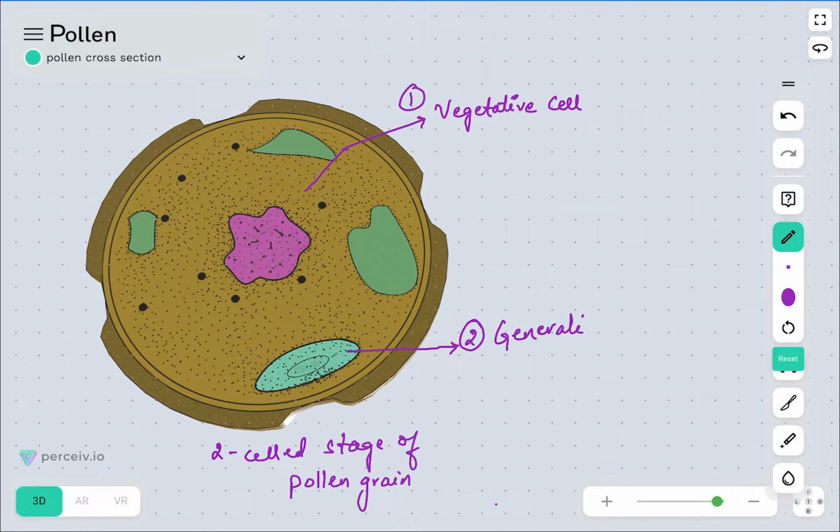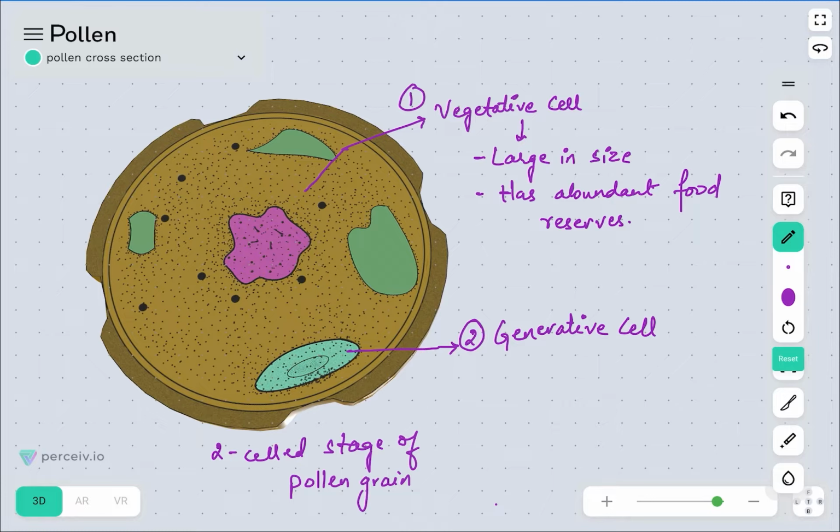This vegetative cell, as you can see from the model, is usually large in size and generally spherical in shape. Since it is large, it has an abundant amount of reserve food material.